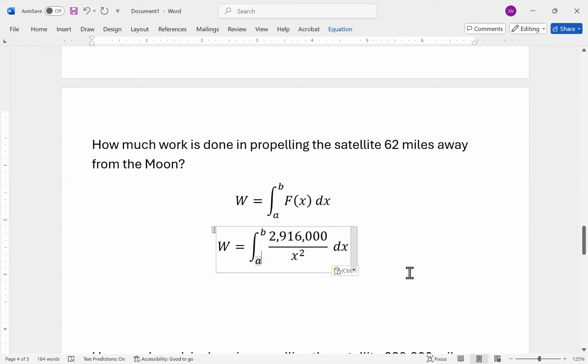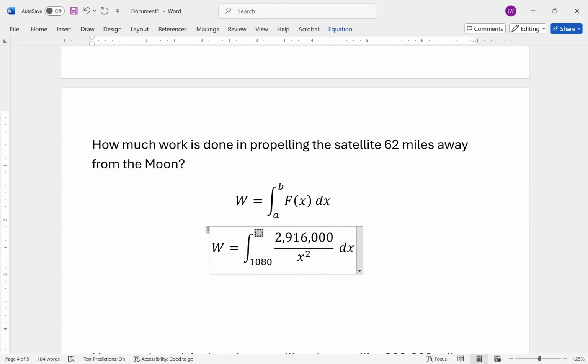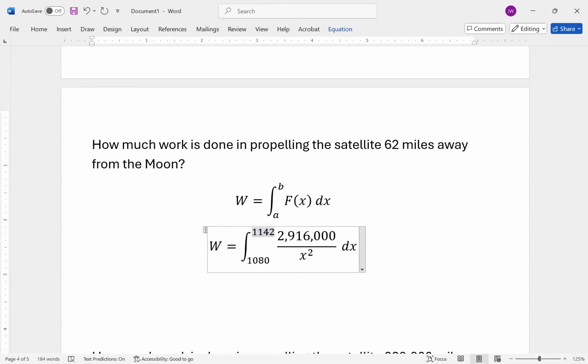X, remember, was the distance to the center of the moon, which started at 1,080. And if we were propelling it 62 miles away, we'd have to add 62 to that 1,080, which would be 1,142. That is what my integration is going to be.